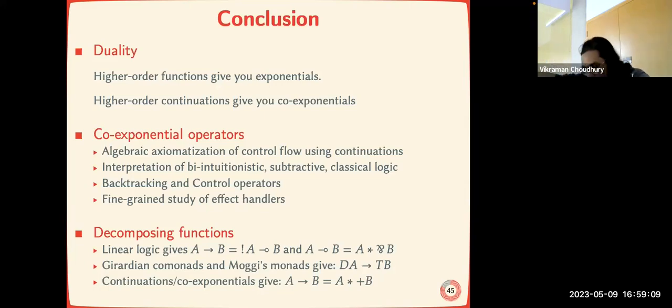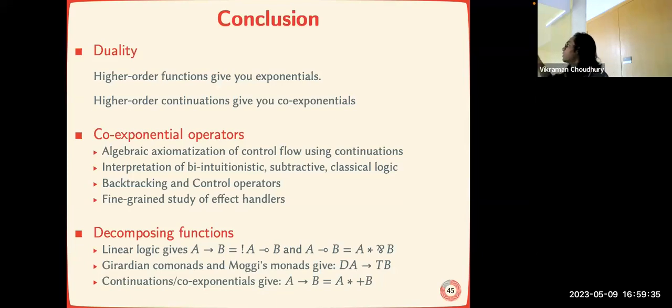And the third point I wanted to make is that to understand computation, we want to understand functions, right? And linear logic gives you all this, tensor products and linear things. And Girard wanted to decompose the function space using the bang, which is the resource interpretation, or A star par B, which is the producer-consumer view.